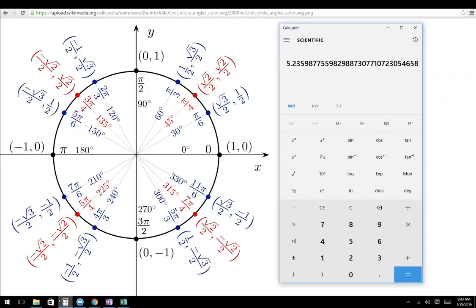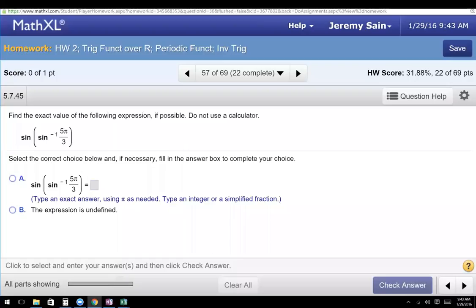So look at the picture. Where is the y coordinate in that picture equal to 5.23? Never. The biggest y coordinate you get is up here at 1, right? So, I mean, we would normally say, hey, what's the y coordinate where the y coordinate is equal to 5 point whatever? Well, there's not a spot where the y coordinate is 5 point whatever. It is undefined.